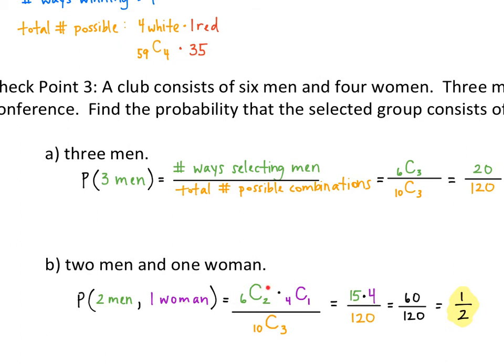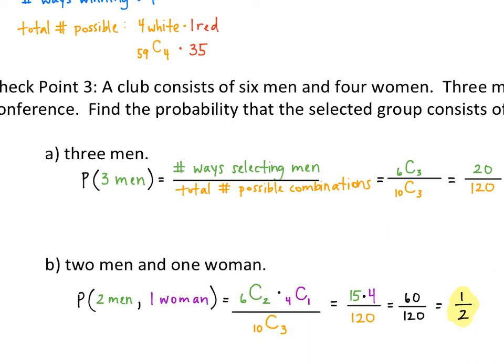Well, for selecting 2 men, I have 6 men total, and I want to choose 2. It doesn't matter the order. So 6C2 is for the men. Now, I only want 1 woman, but there are 4 to choose from. So 4C1. And we're going to multiply these 2 together because that's the fundamental counting principle.